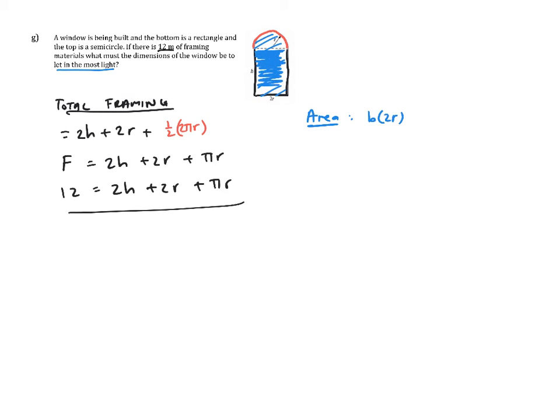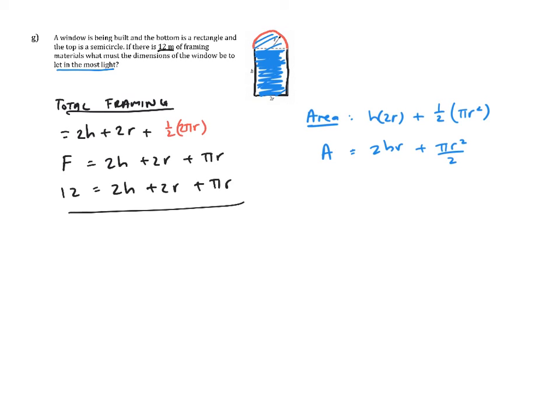So that's the base times the 2r, and then it is half the area of that circle, so a half times pi r squared. So we've got the area formula, A, so that's 2BR, HR, sorry, not B, that's H. So let's change that, sorry, not BR, HR. So it's 2HR plus pi r squared divided by 2.